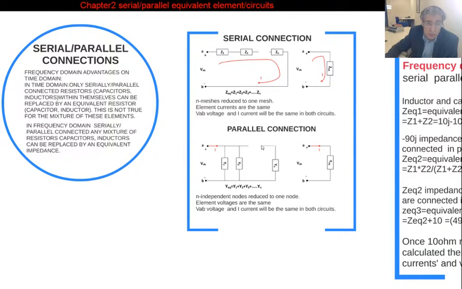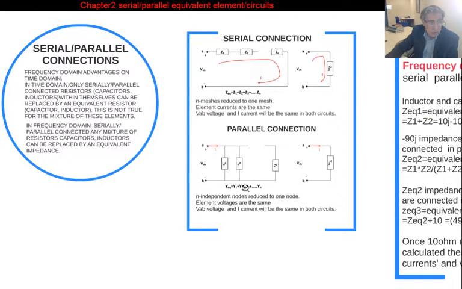If the elements are connected in parallel, then the equivalent element admittance is the sum of the admittances of these elements. If you write this equation in terms of impedances, you're going to write 1 over Zeq equals 1 over Z1 plus 1 over Z2 plus 1 over Z3 plus ... plus 1 over Zn. To make it easier, we wrote the admittances here.